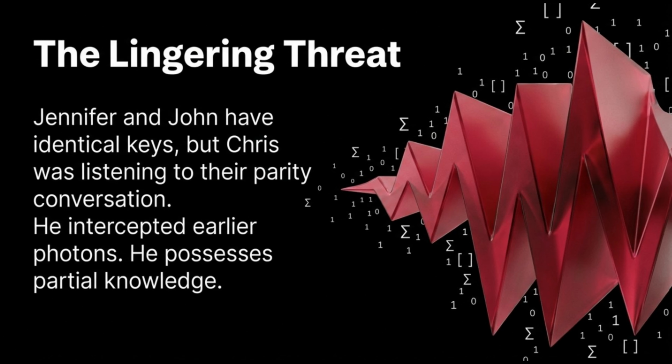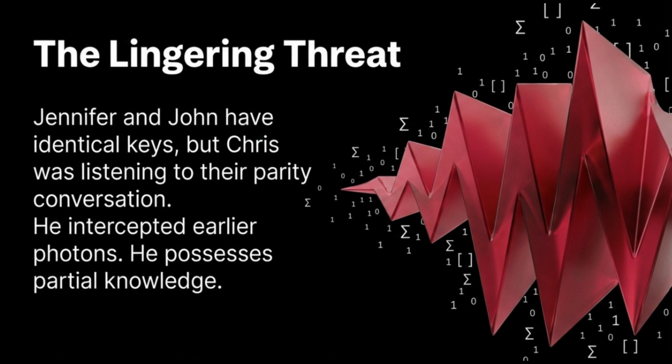As you can see in the graphic, the key is still leaking. Chris possesses what we call partial knowledge. He doesn't have the whole key, but he might know enough, perhaps 10% or even just a few critical bits, to compromise the entire encryption later on. In a provably secure system, even a single bit of leaked information is a failure.